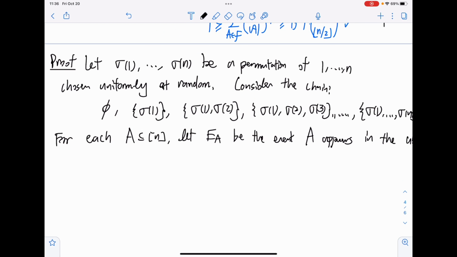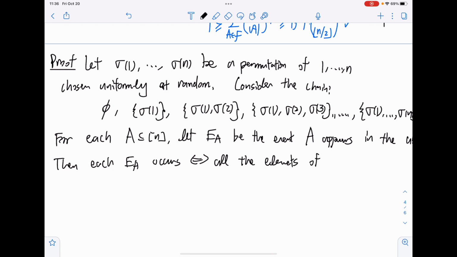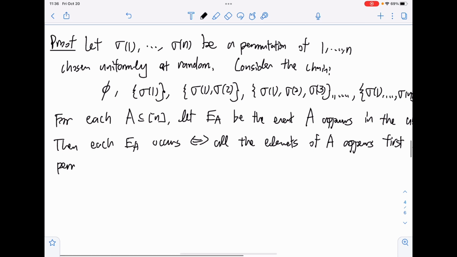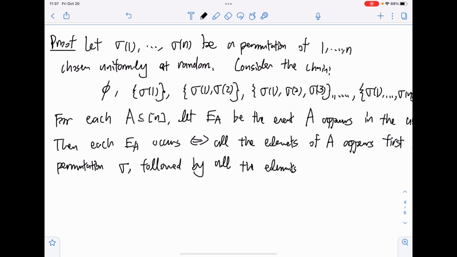Then we can see that each E sub A occurs if and only if all the elements of A appear first in the permutation sigma, followed by all the elements of 1 to n minus A.